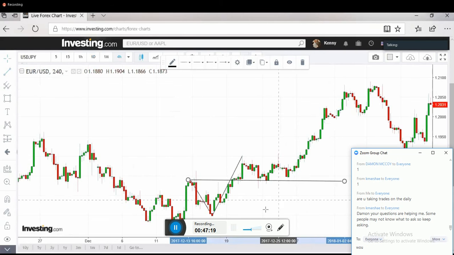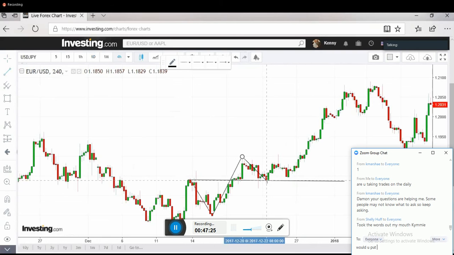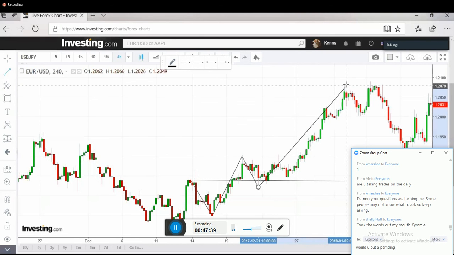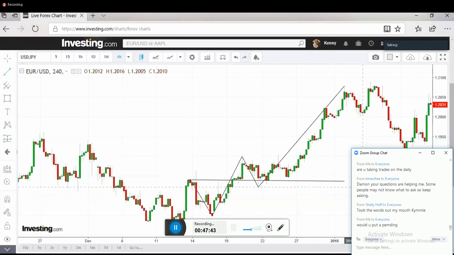Right there. And it comes down right there. It actually came down right here, activated, came back, retested it. And from there, it went all the way up there. That's the 4-hour chart.